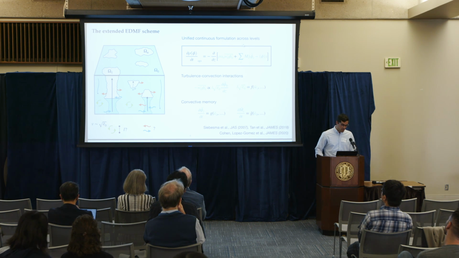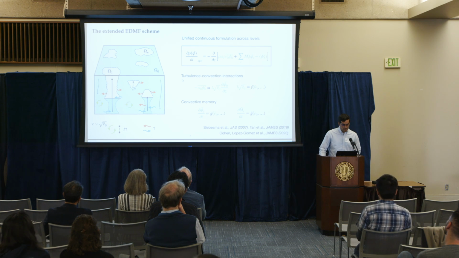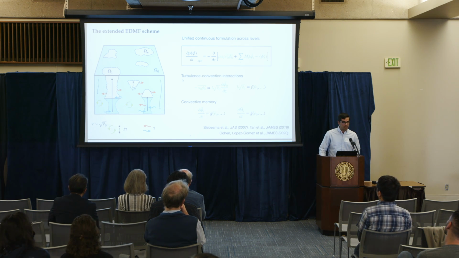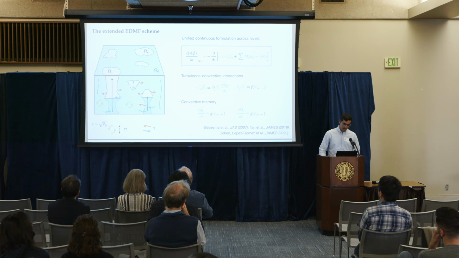of these processes. Some other interesting properties of this scheme is that it allows us to model turbulence and convection interactions at the subgrid scale, not only through the grid scale. So for instance, the turbulent fluxes within the environment might depend on the properties of the updrafts.